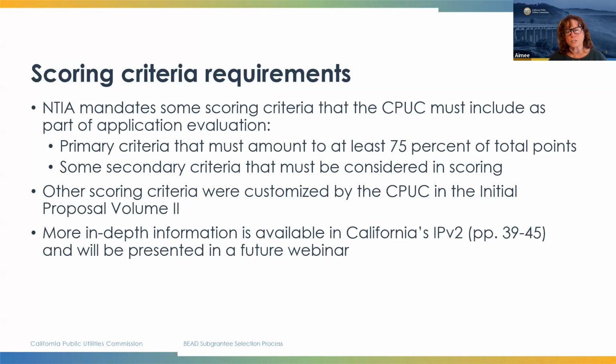The primary criteria must be 75% of the total points, and some of the secondary criteria are also required by NTIA, and then other scoring criteria were customized in Initial Proposal Volume 2. There's more in-depth information in IPv2, and that information will be presented in depth in a future webinar.